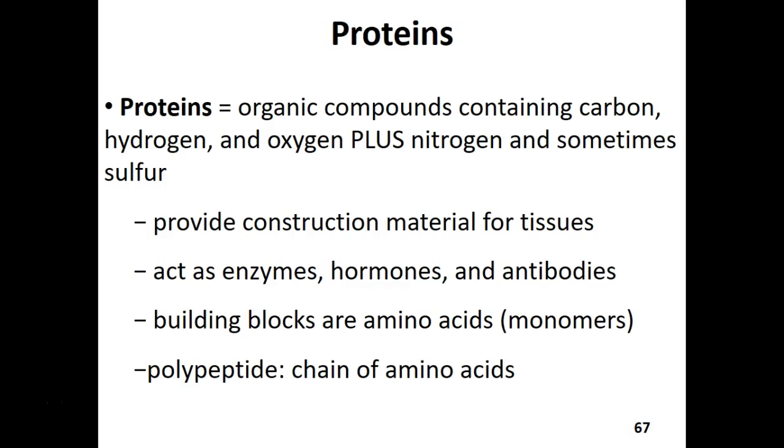So proteins are macromolecules that make up pretty much your entire body. So think about your hair. Touch your hair. Your hair is made of protein. It's made of keratin, which is a protein that's also found in our skin, and our skin is made up of protein.